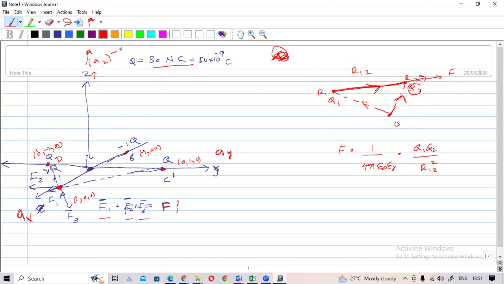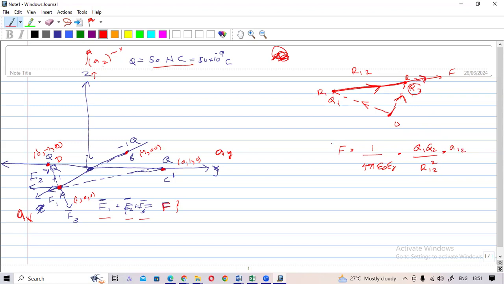To this force, there is a direction. That direction should be denoted by the unit vector. So that unit vector should be in this direction. This direction unit vector. So it is denoted as A1.